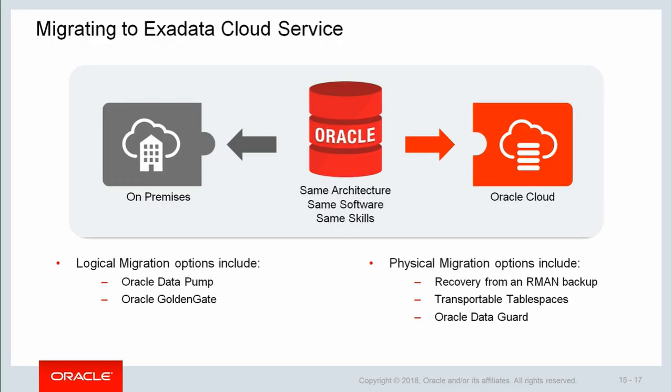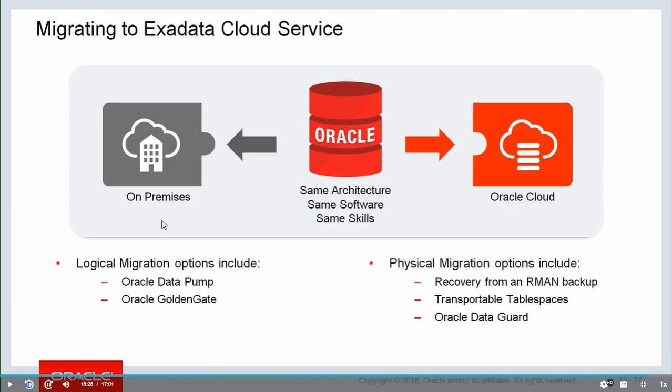Okay, so conversion is needed. So you may want to use just logical export and import. And also you may want to use online migration by using Oracle GoldenGate. Or you can use a physical migration if the source and destination database versions are the same and platforms are the same.